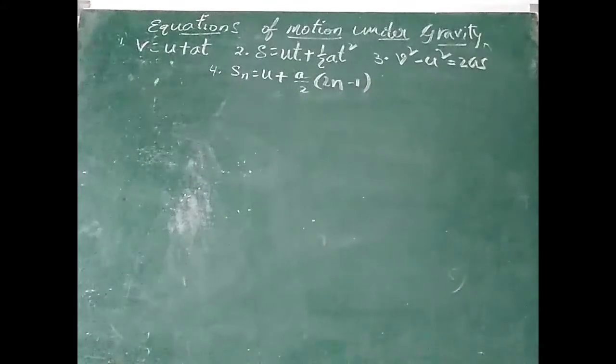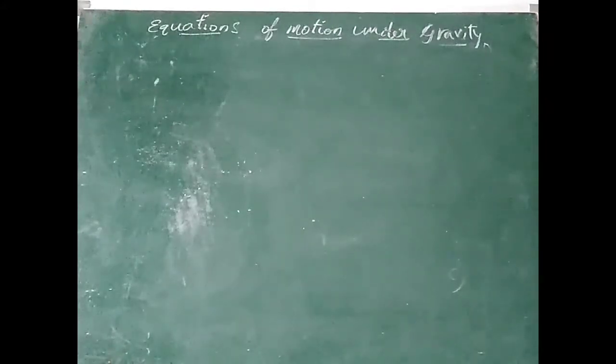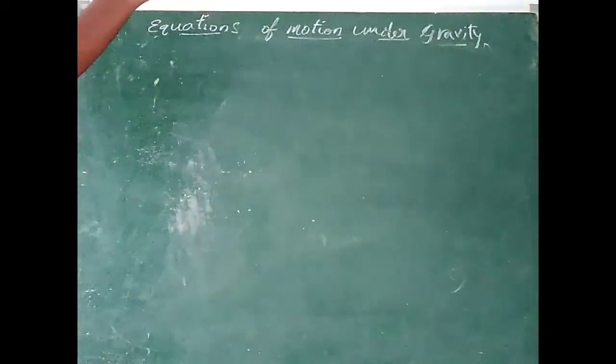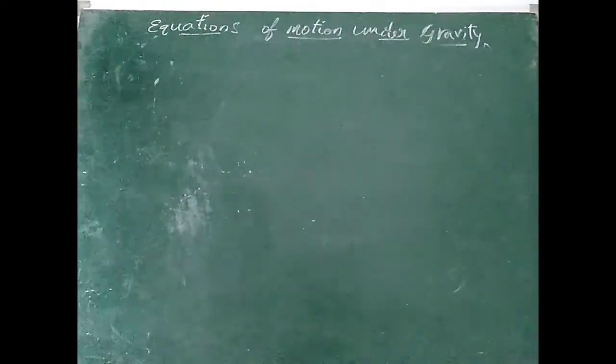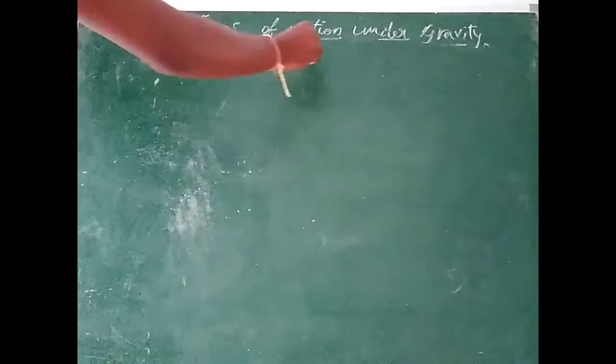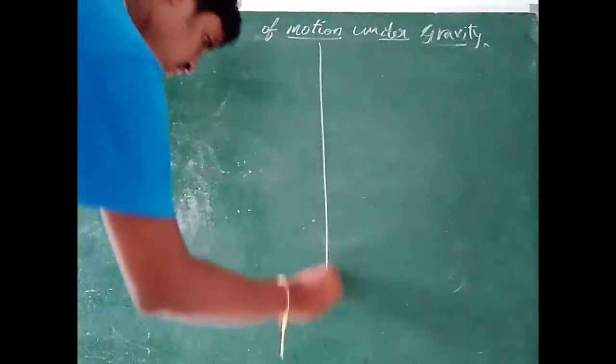So how these equations get converted under the influence of gravity, we are going to read now. Under gravity indicates those equations applicable when the body is traveling in vertical direction, either in downward direction or upward direction. So let's check those equations of motion.